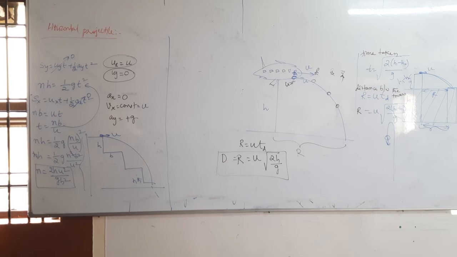Then find the distance between the tower and striking point, if both reach the ground by taking the same time t.